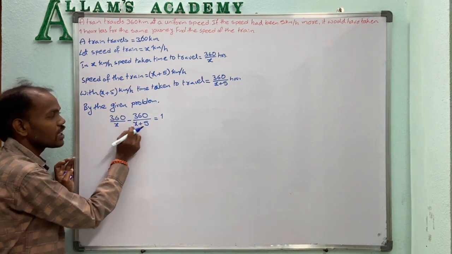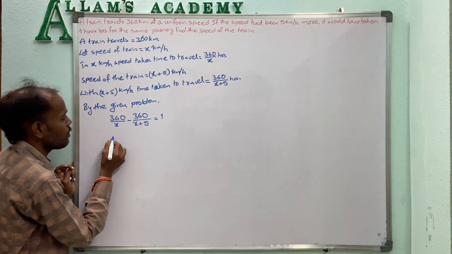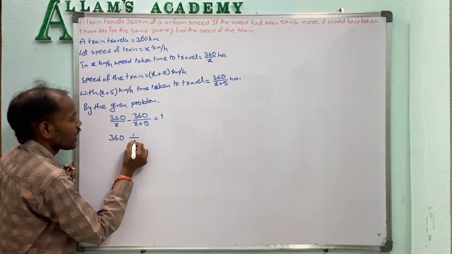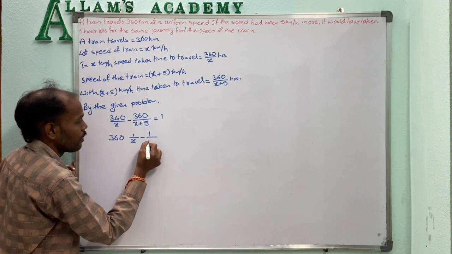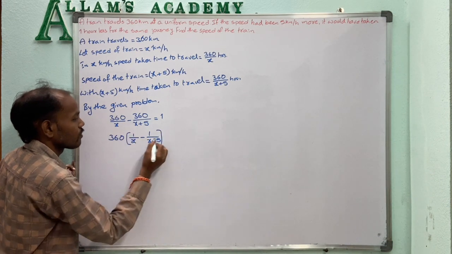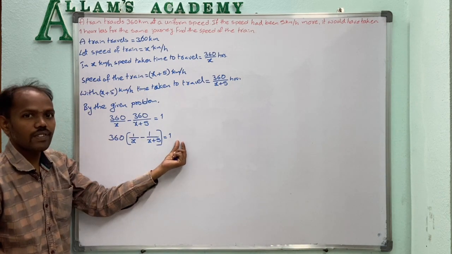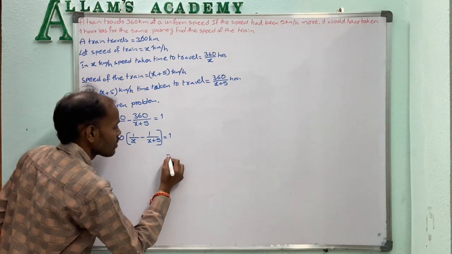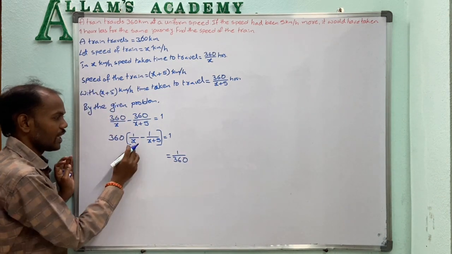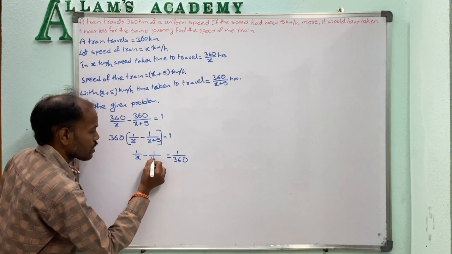Okay, now in both terms the numerator 360 is the same number. So taking 360 common, we can write 1 by x minus 1 by x plus 5 equal to 1. Now this multiplication by 360 transfers to this side as division, so 1 by 360.